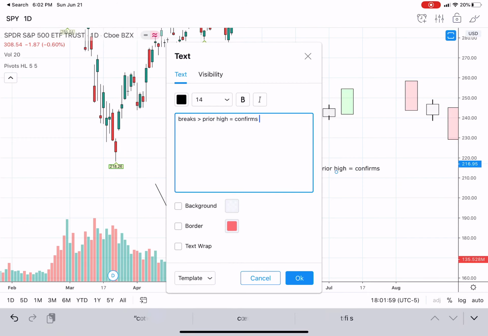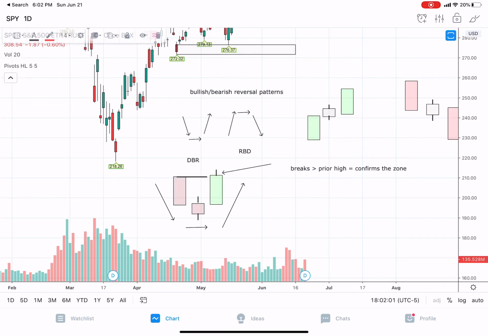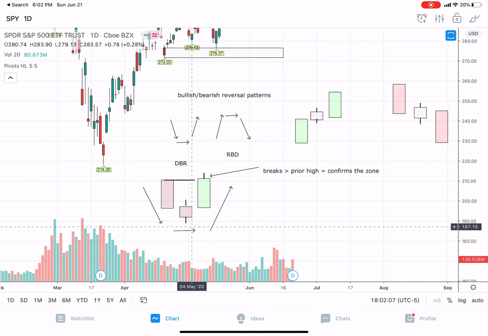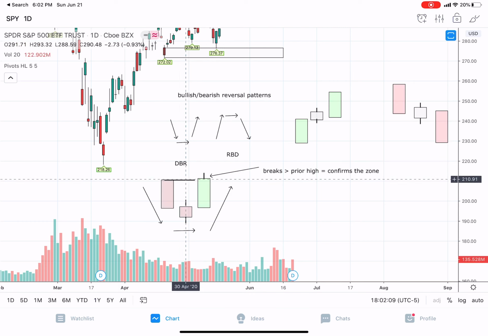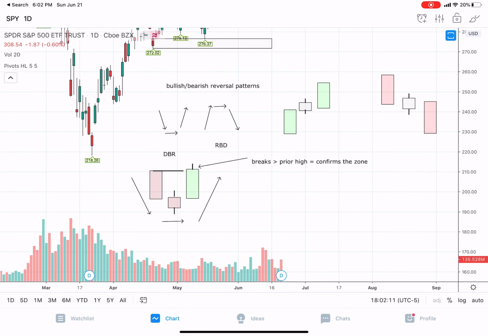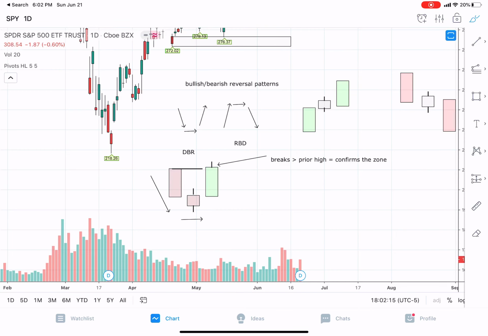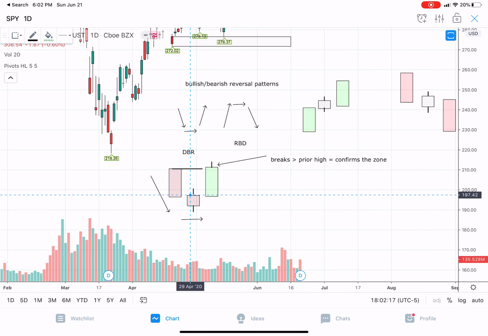That confirms the zone. So you get a drop-based rally here, right? Price sells off, base is here, rallies out. You get the higher high, which confirms the zone, which sets us up for a potential trade in the future whenever price does come back and test this imbalance.